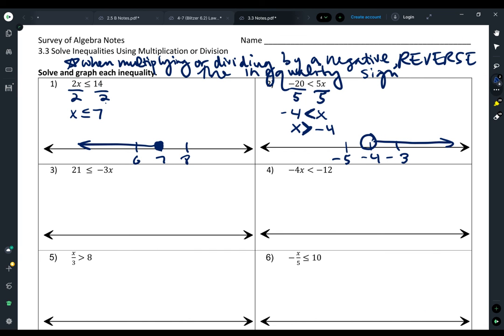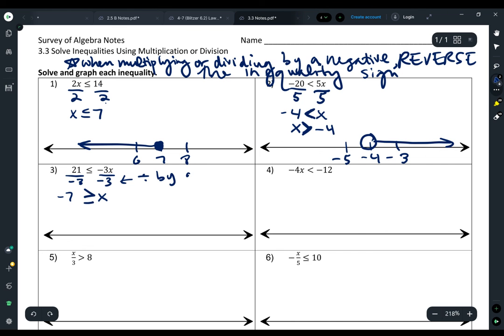So on 3, I want to divide both sides by -3. And because I'm dividing by a negative, now I'm going to reverse this and bring down the x, bring down the -7. So instead of a less than or equal to, I have a greater than or equal to, but I left x on the same side. The 21 divided by 3, that's on the same side. So because I divided by a negative, I had to reverse it.